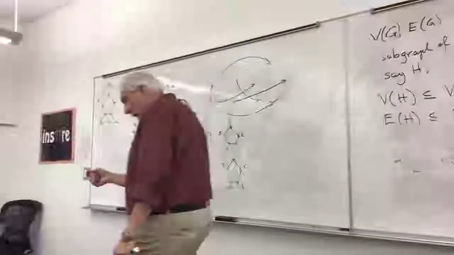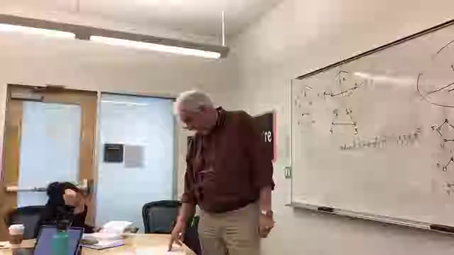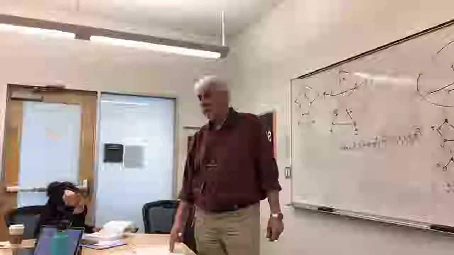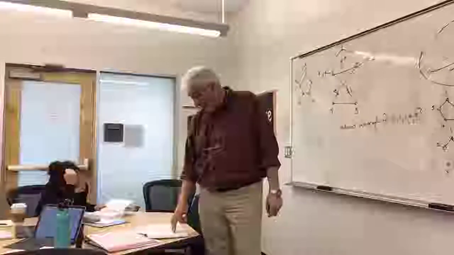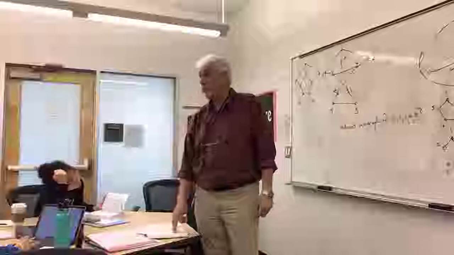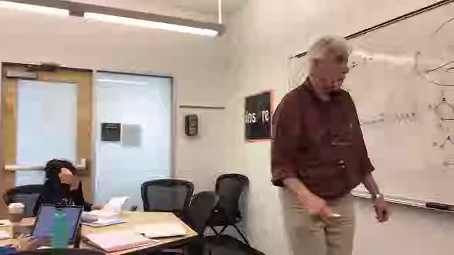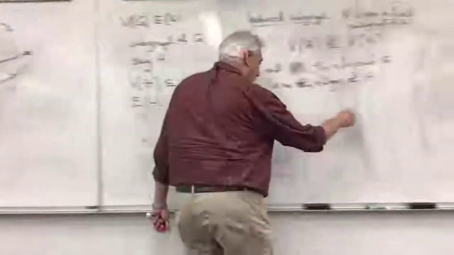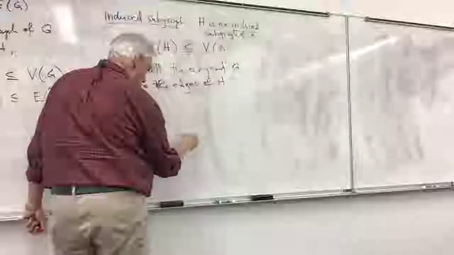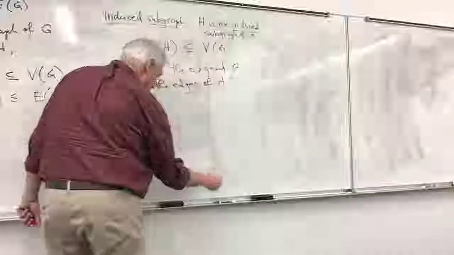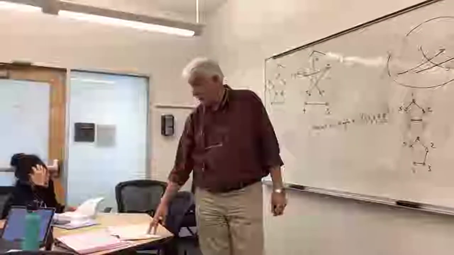But when I label the vertices, and I look at A, X, Y, and Z in my original graph G, what does the graph on A, X, Y, and Z look like? Now look carefully. What does it look like in my original graph G?